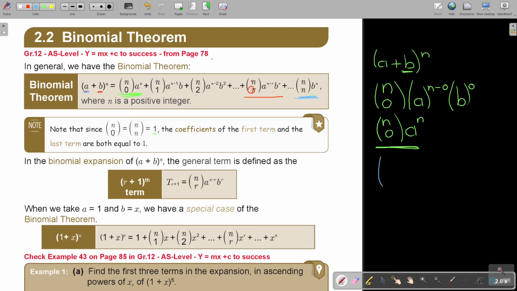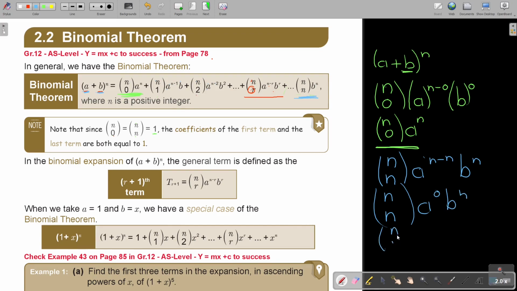If you go to n over n, I take the first term, a, to the power n minus n, and I take the second term, b, and just take the bottom one, n. So this is a to the power 0, b to the power n, and that becomes 1.